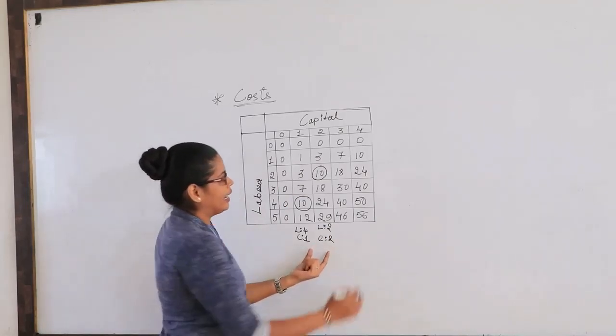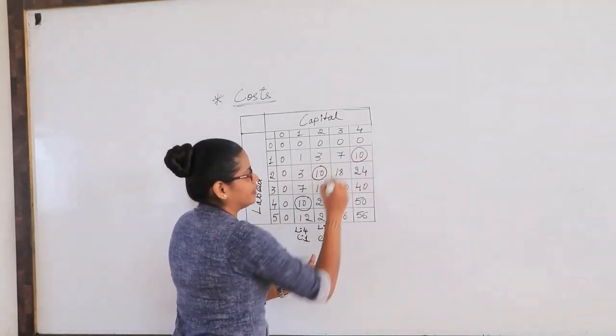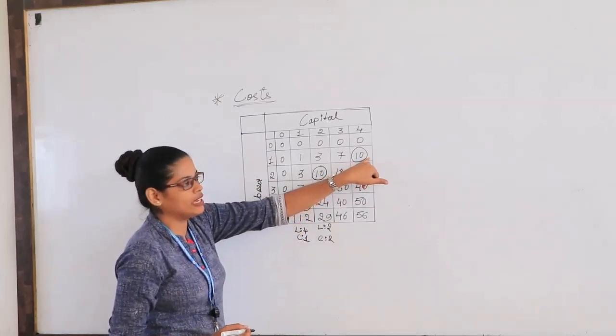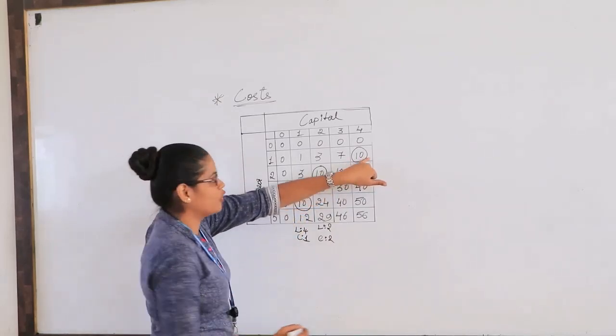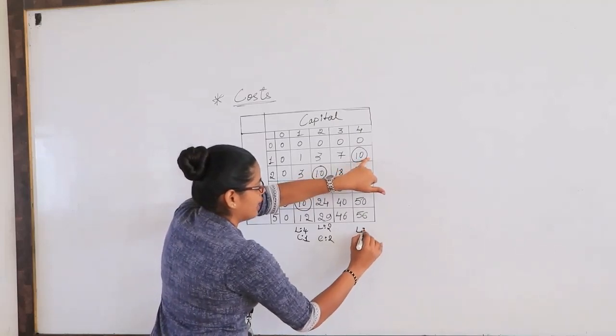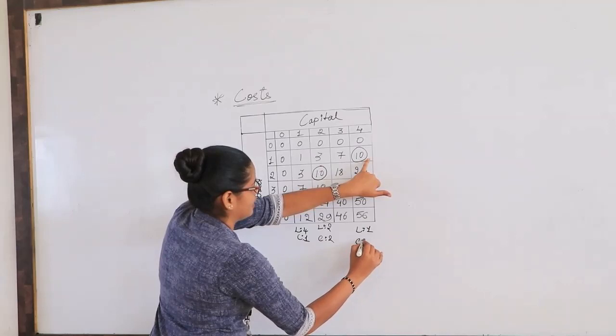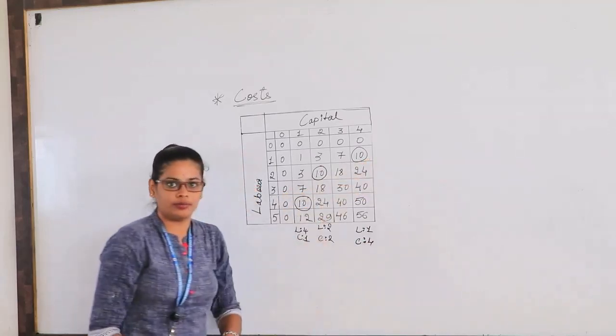And if we go on looking at the table, we have also received 10 units as output with the combination of labor 1 and capital 4.